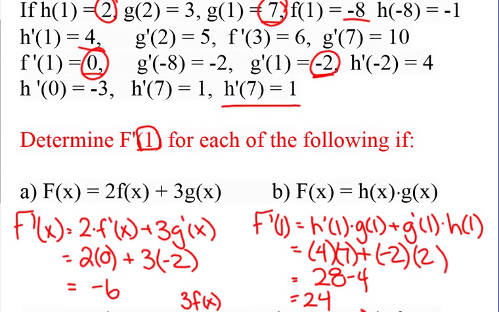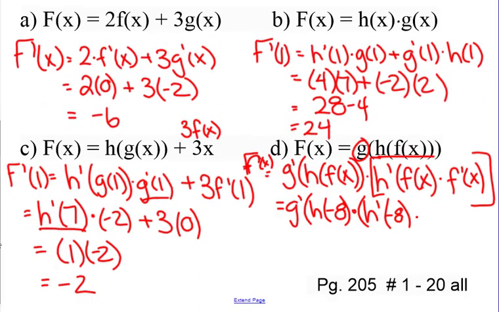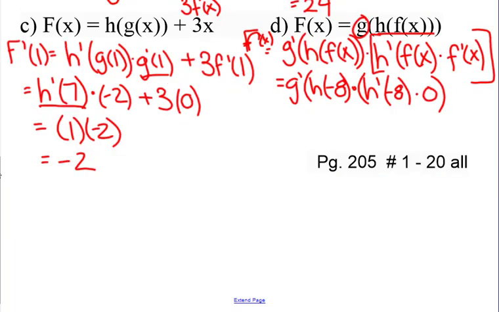F prime of 1 is 0. Ooh, this is real nice. Okay, so I know that there's times a 0, and this is all multiplied by 0 at the end of the day, but what I want to do is keep going just in case it wasn't actually a 0.